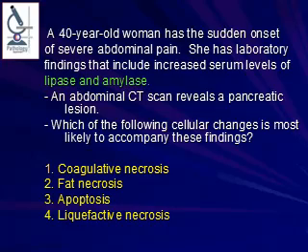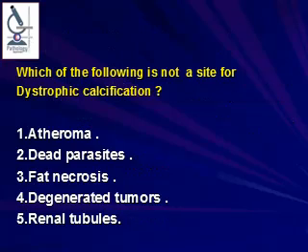So احنا بنفكر دلوقتي في إيه؟ إن البيشنت عندها acute pancreatitis وحصل release للإنزيمز within the pancreas, which are the lipase and the amylase. طب ده هيعمل إيه؟ Which of the following cellular changes is most likely to accompany these findings? Fat necrosis نتيجة the effect of these enzymes on the surrounding fat.